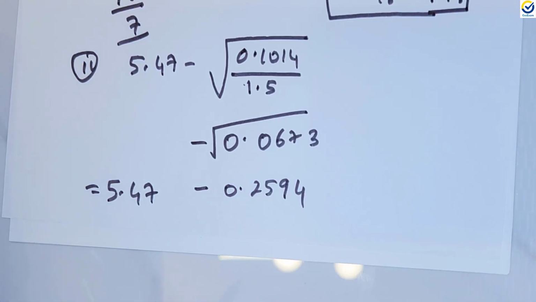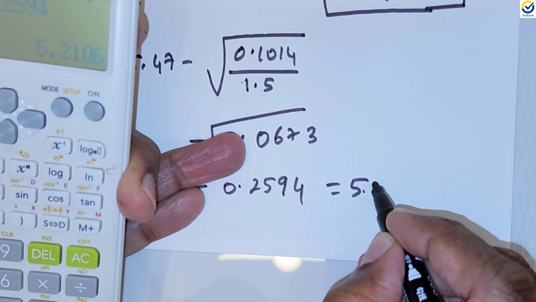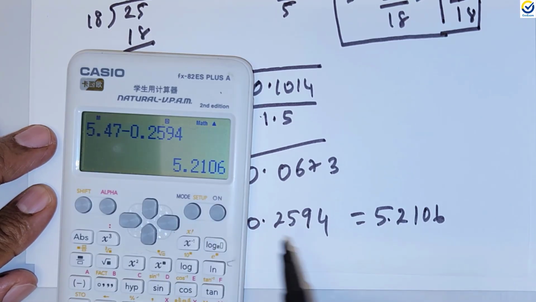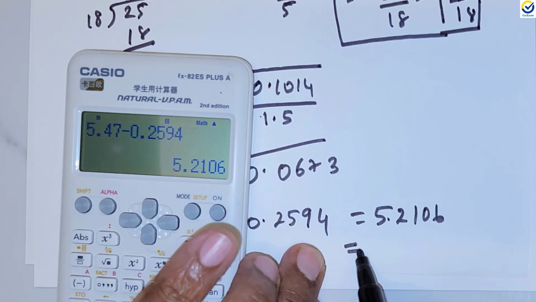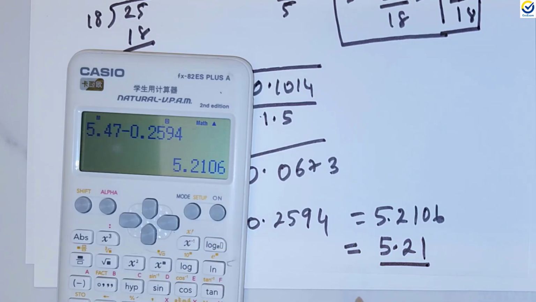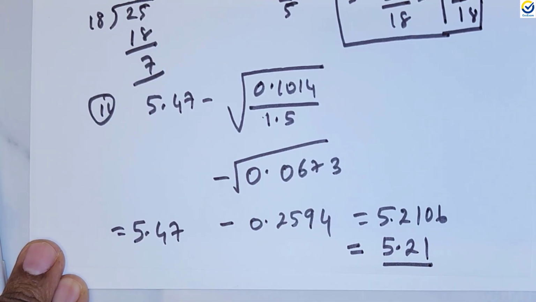What is that going to be? That's going to be equal to 5.2106. So this is the value we are getting. Now what we can do is we can just give it as 5.21. Okay, so that is the solution for this question. We move on to the next one.